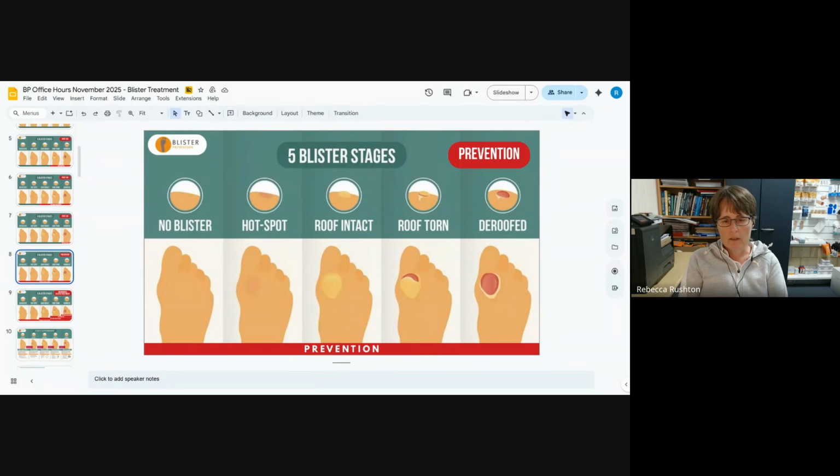But prevention, as I mentioned, is so necessary if you want to achieve less pain, stop the blister from getting worse, and in fact help that blister heal in spite of activities having to continue. We need the prevention during the intact, torn and de-roof stages. And we don't just need any prevention or a minimal prevention, we need the best prevention we can find.